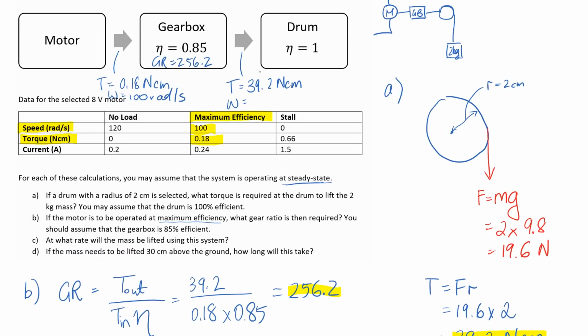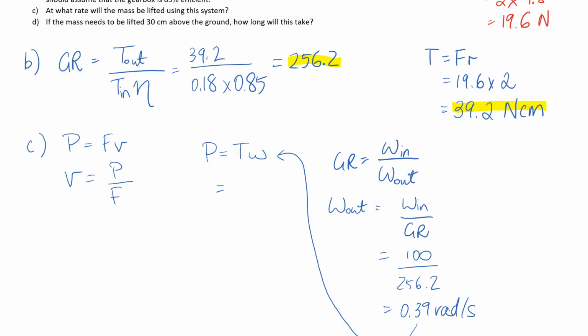All right, so let's draw this back now to our power calculation, because we said that power in a rotational form here is going to be equal to the torque multiplied by the angular velocity that we have. So if this is 0.39, we can multiply these two together. So torque, 39.2. Now this is in Newton centimeters. So if I want to convert that to base, I'm going to times it by 10 to the negative 2 to go from centimeters to meters.